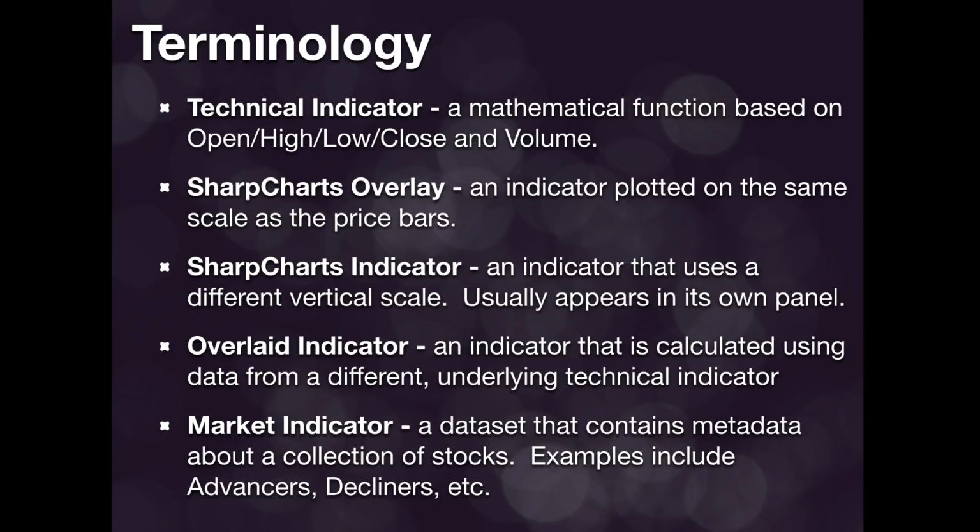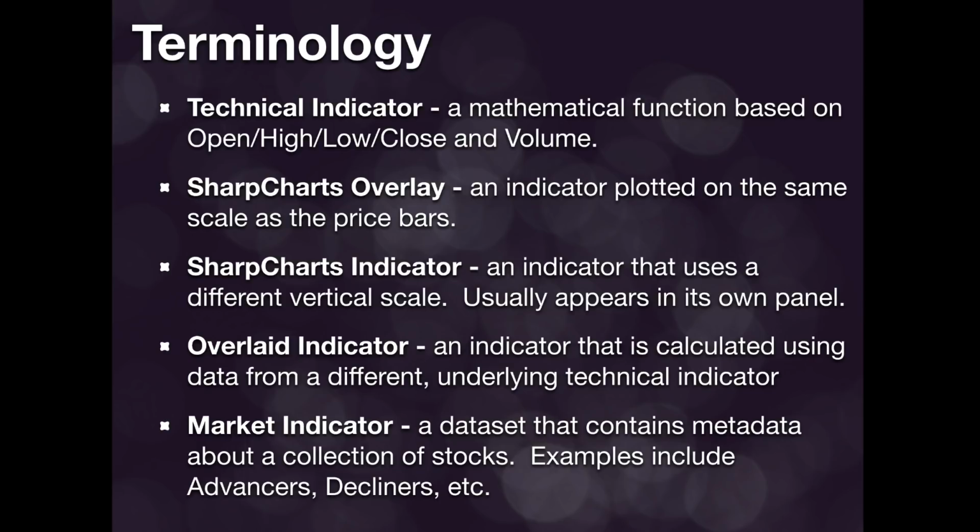We've got a whole big ChartSchool area where you can learn more about technical indicators in general. Now, when you get into the context of SharpCharts, our charting tool, we split the technical indicators into two different categories. We have the overlays. Those are indicators that are plotted on the same scale as the price bar, and they sit on top of those price bars, or on top of the candles if you're using a candlestick chart. And then we have SharpCharts indicators. Indicators in this context means a technical indicator that is drawn with a different vertical scale.